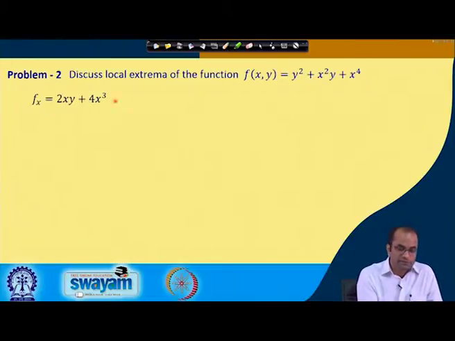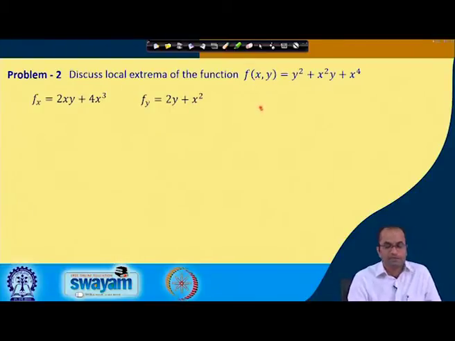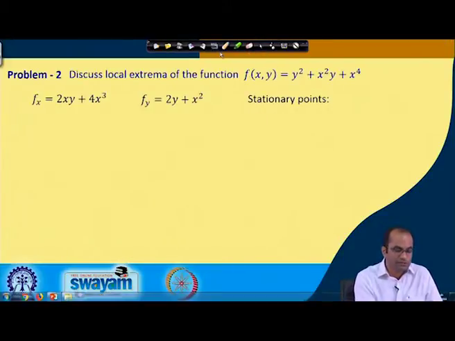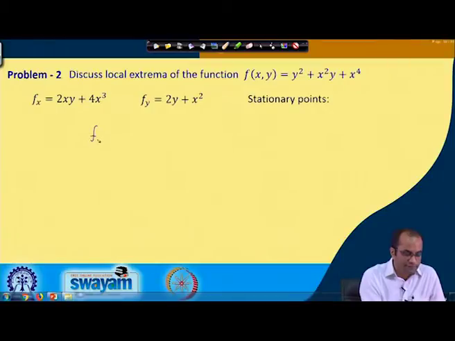In this case we will again compute the first order partial derivatives, which is f x equal to 2 x y plus 4 x cube, and then the partial derivative with respect to y, which is 2 y plus x square. To get the stationary points, we need to solve these two equations, that means f x equal to 0 and f y equal to 0.